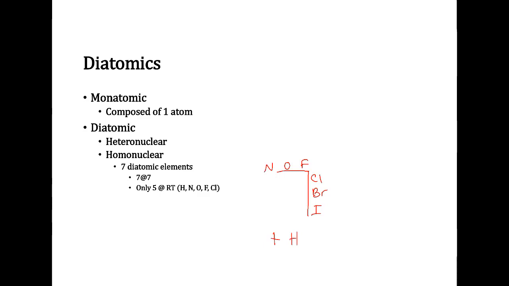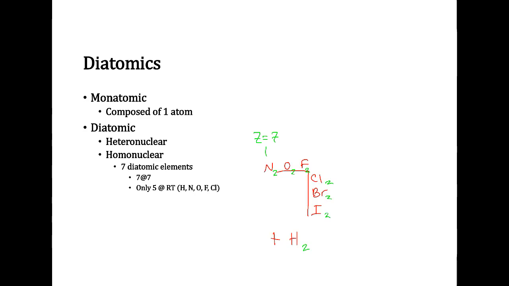These are all of the elements that exist as diatomic. So N2, O2, F2, Cl2, Br2, I2, and H2. So these are your 7 homonuclear diatomics. They start at element number 7. Recall that nitrogen has an atomic number of 7. If you draw the number 7 on the periodic table, there are 7 of them.